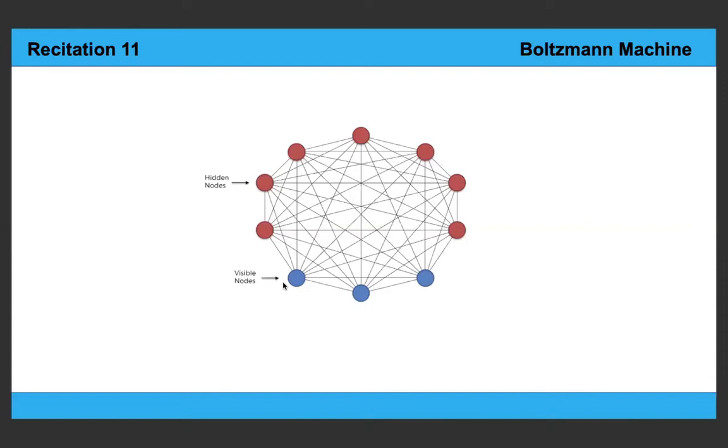The network itself is made of symmetrically connected neuron-like units, as we can see here, and each neuron makes stochastic decisions about whether to turn on or off.